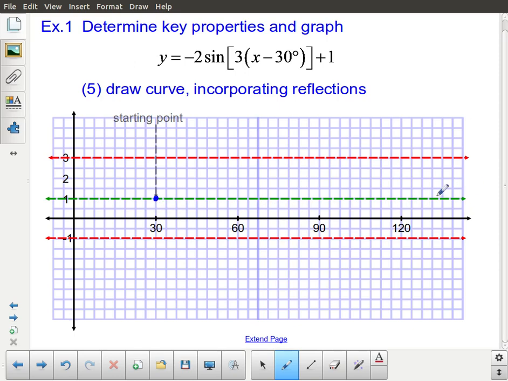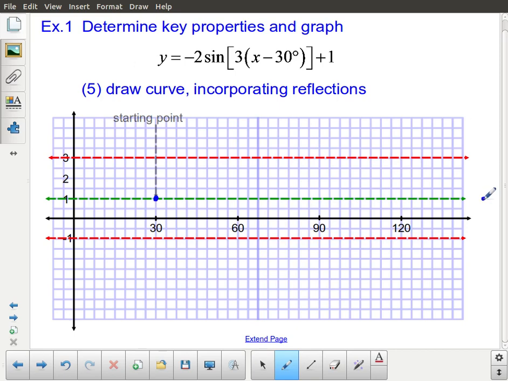So with the scale that I've chosen here, and this is sometimes what happens, I actually have to extrapolate a little bit past the end, and that's one full period. That's where I'm going to end.